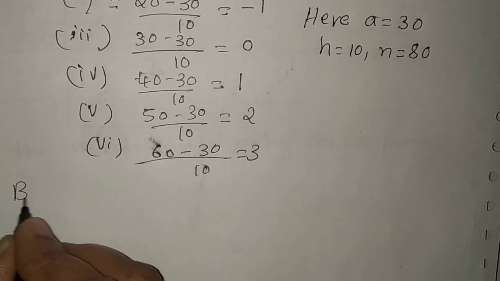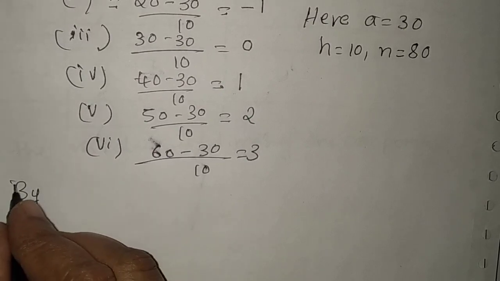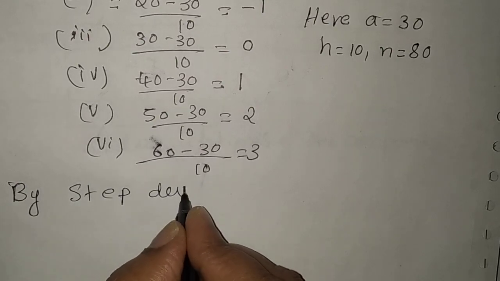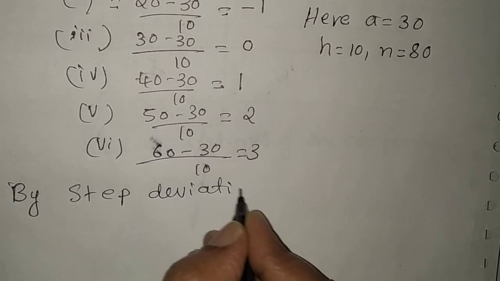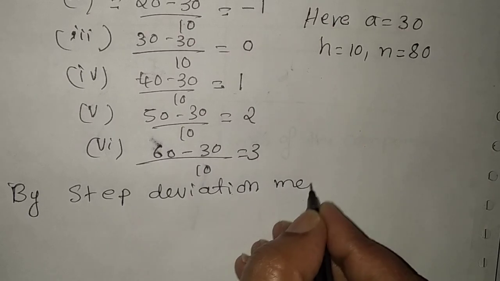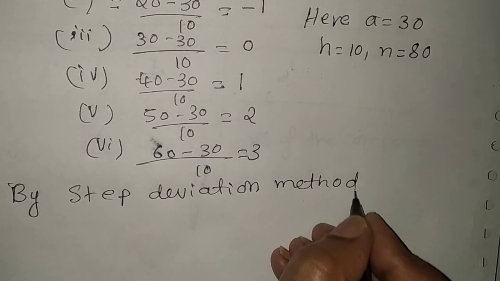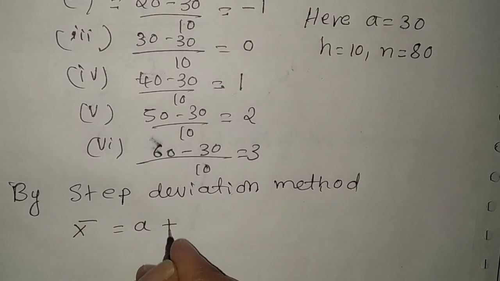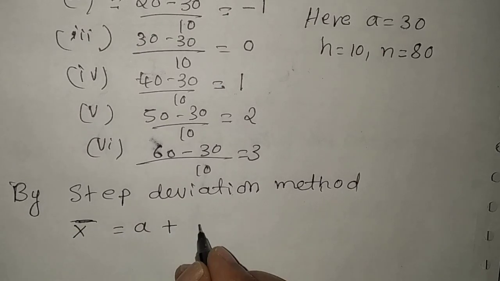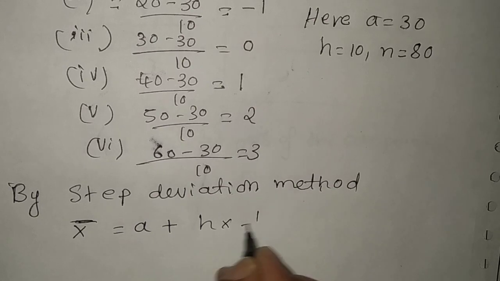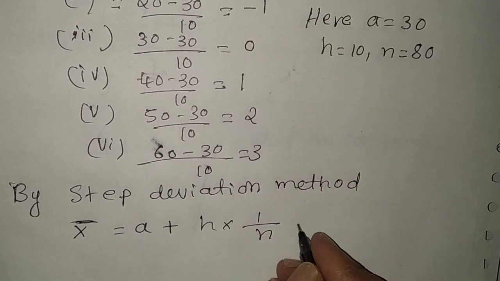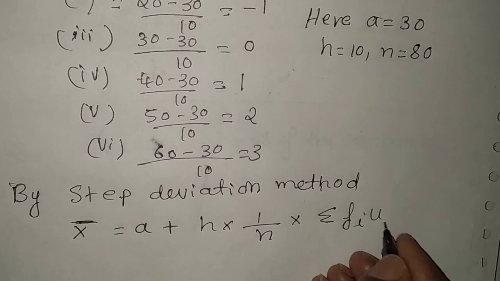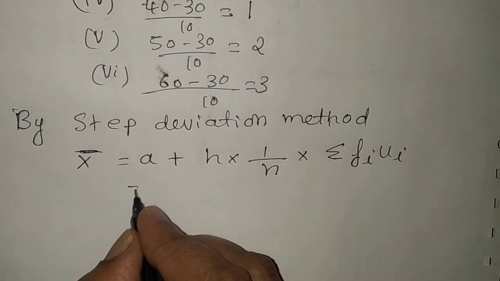Now by step deviation method, x bar is equal to a plus h into 1 by n into summation of Fi Ui. Substitute the values.